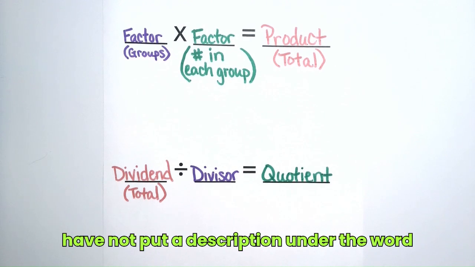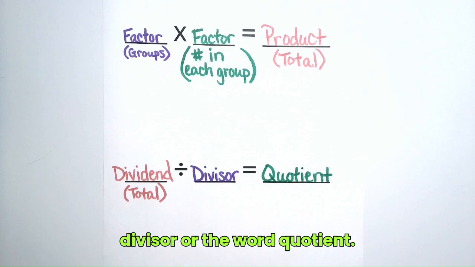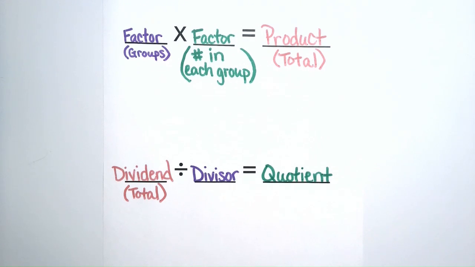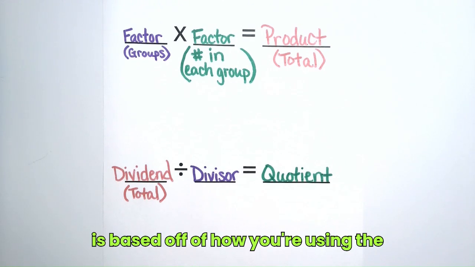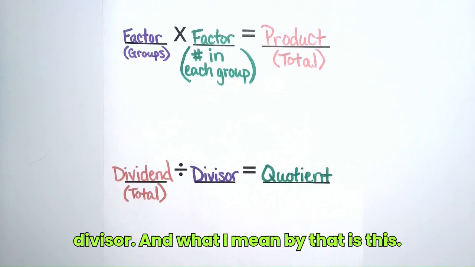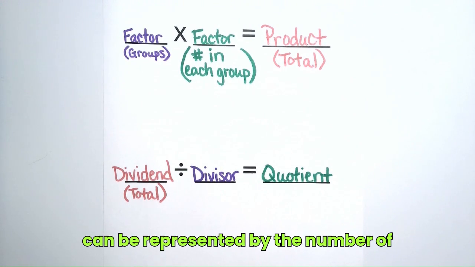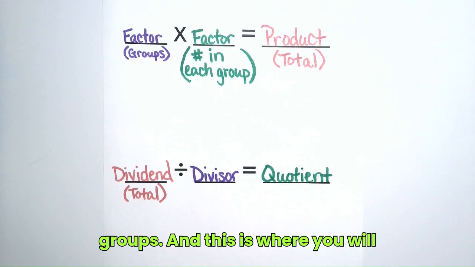Now notice I have not put a description under the word divisor or the word quotient. The reason for that is because the role that these two play is based off of how you're using the divisor. And what I mean by that is this. In some cases, the divisor can be represented by the number of groups.